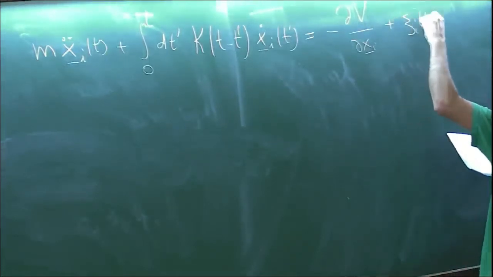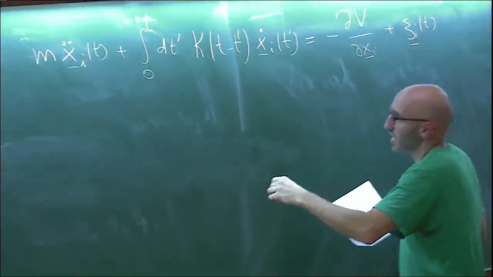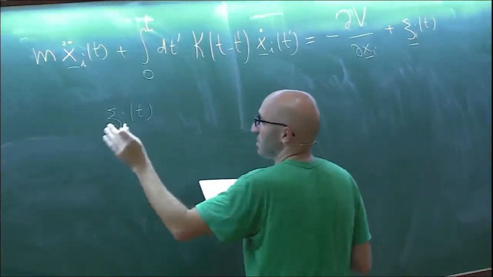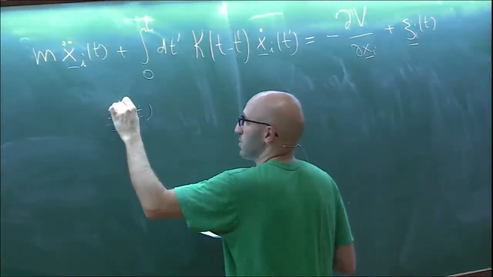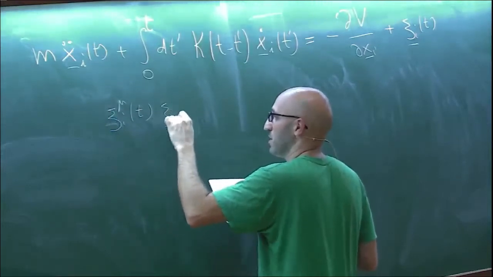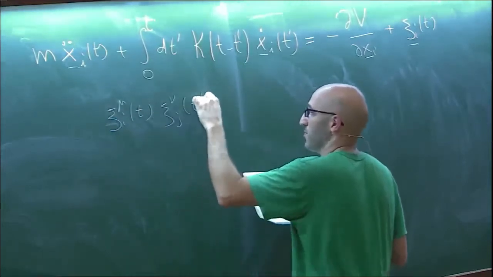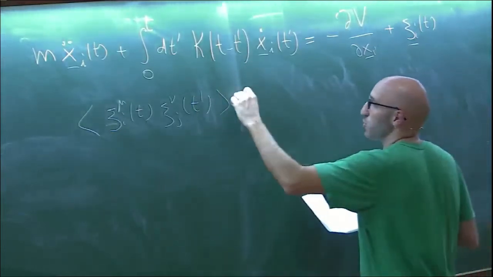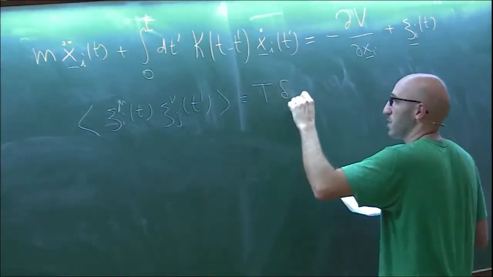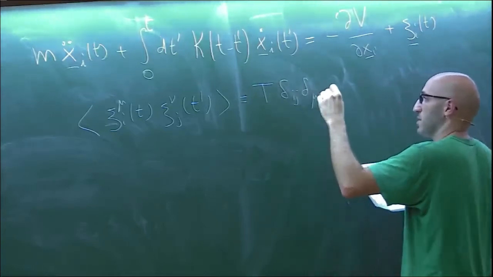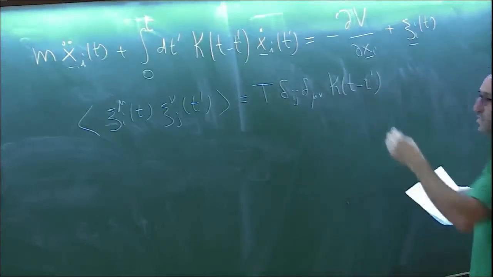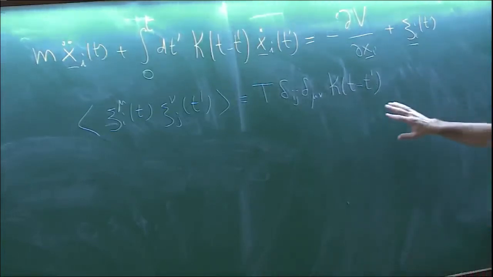And I put the noise here. If I do this, and I want to have an equilibrium dynamics, then the noise should have the same kernel. So the variance of the noise should be given by T K of t minus t prime.